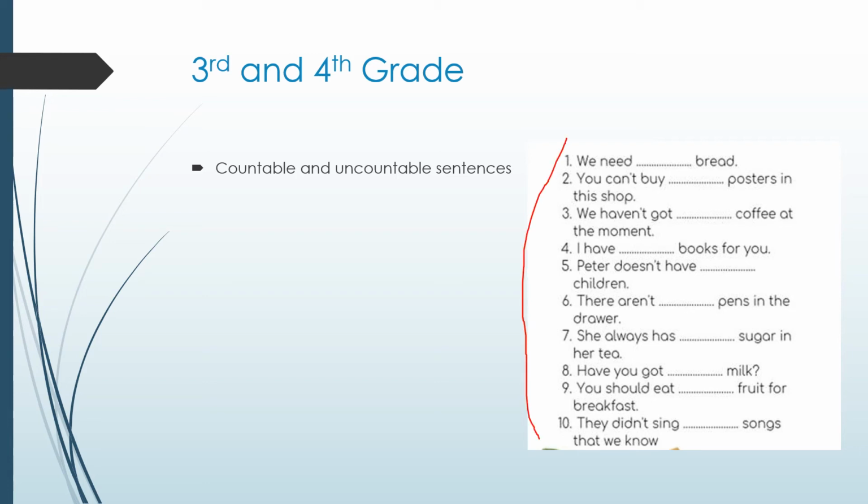What is appropriate for this sentence? We need some bread or we need any bread. You can't buy any posters. You can't buy some posters in this shop. What is correct? So go through all of those, pause the video, and then I will show you the answer here for each number. All right.